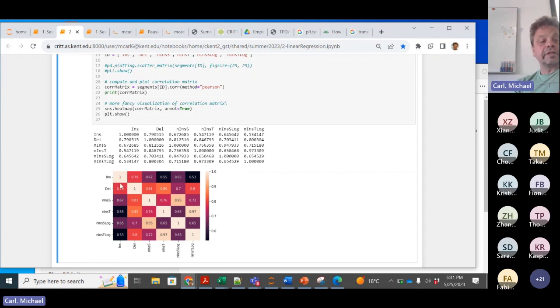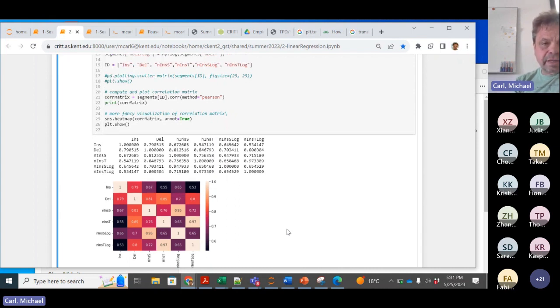If translators insert more, then they also tend to delete more sentences, words, or have deletion keystrokes, and so on. So we can see this kind of correlation.